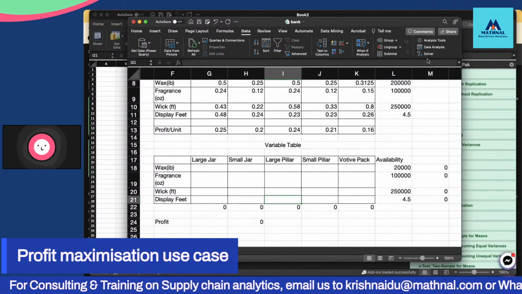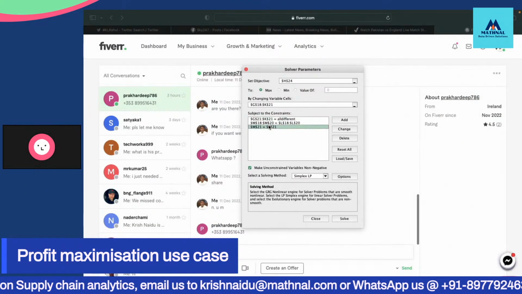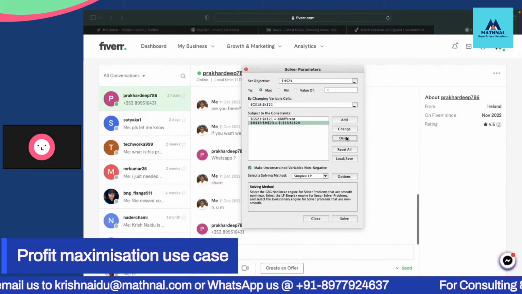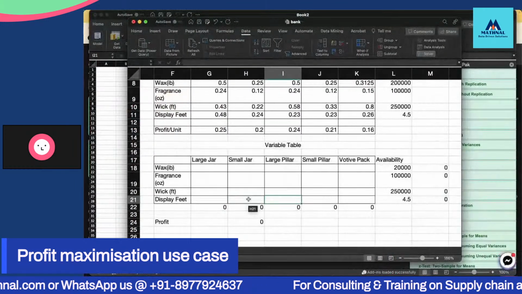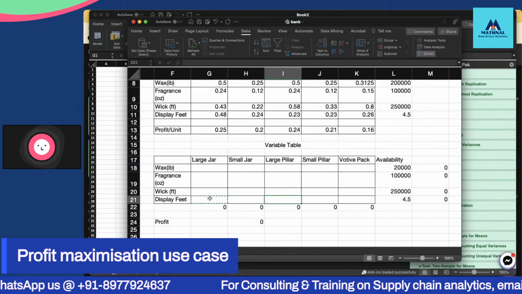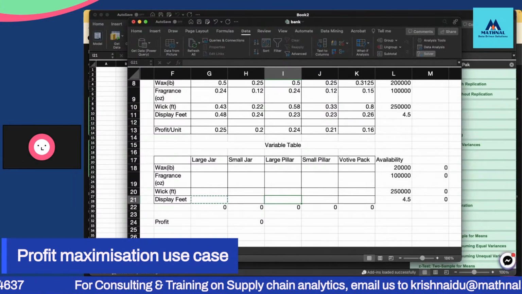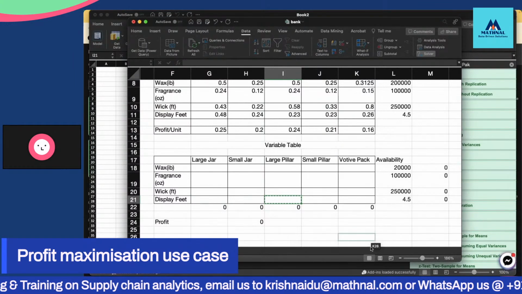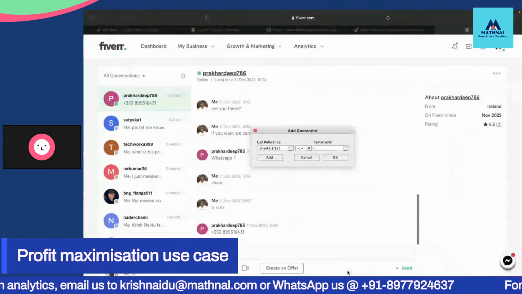So let me put a solution constraint here. You have to go back to Excel.